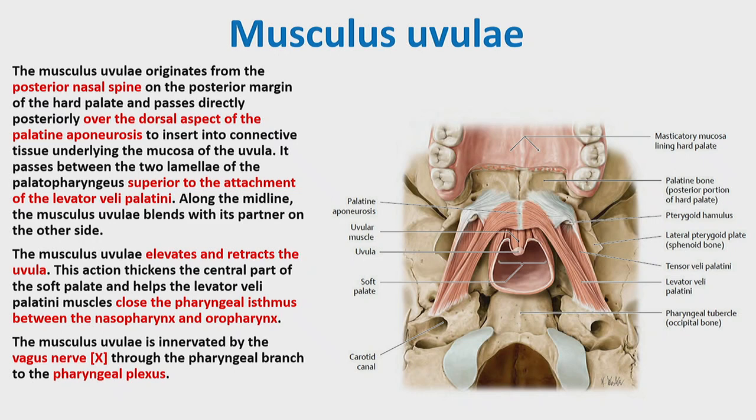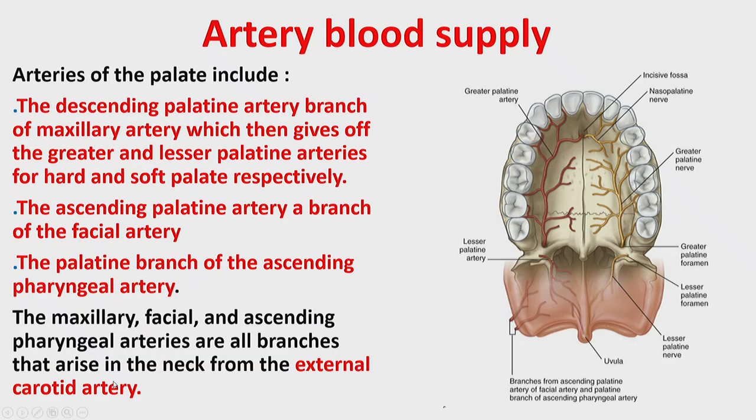And also the function is elevating and retracting of the uvula. So in this case, again, like tensor veli palatini and levator veli palatini, it is closing the pharyngeal isthmus between the nasopharynx and oropharynx, and is innervated by the pharyngeal plexus.